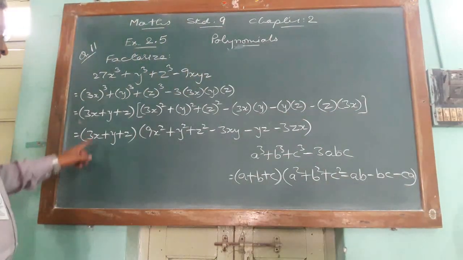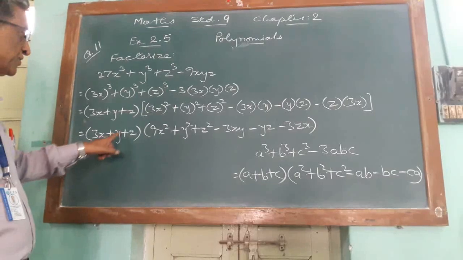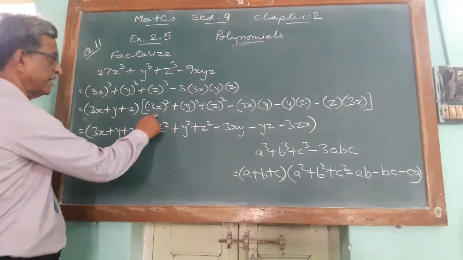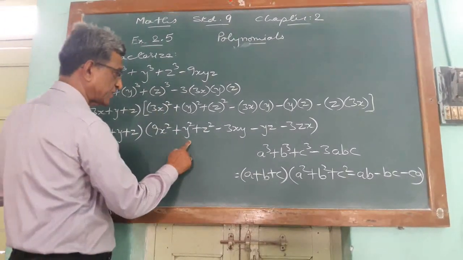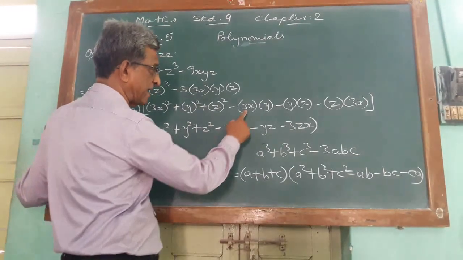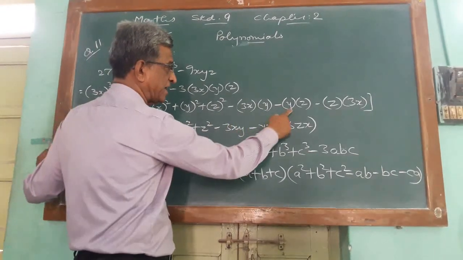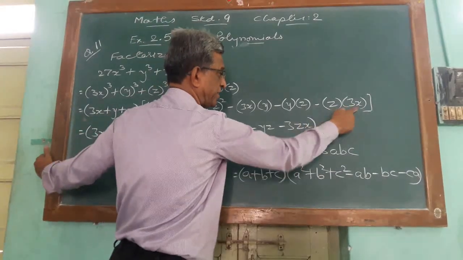Now simplify. This bracket remains as it is. 3x whole square gives you 9x square plus y square plus z square minus 3xy minus yz minus 3zx.